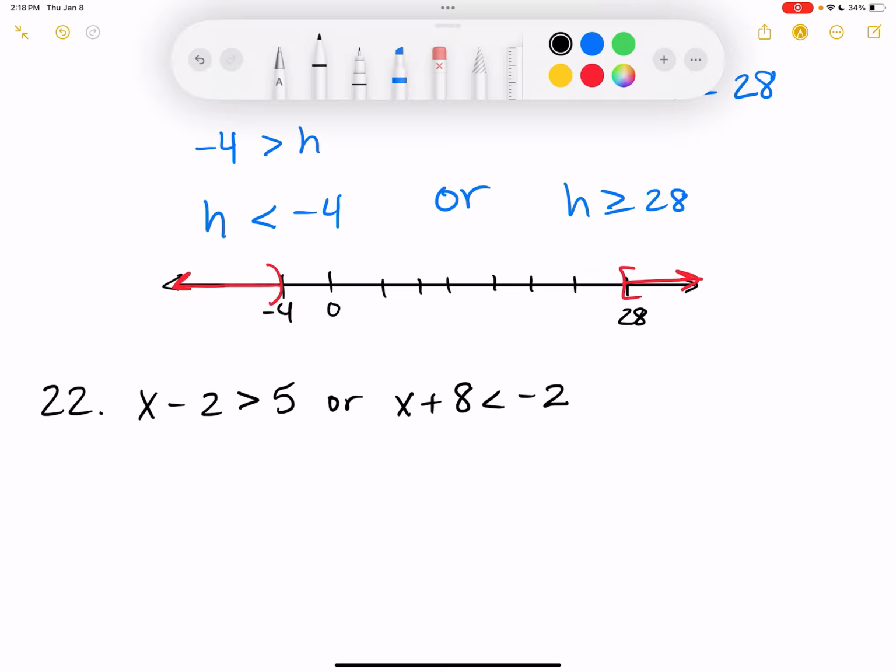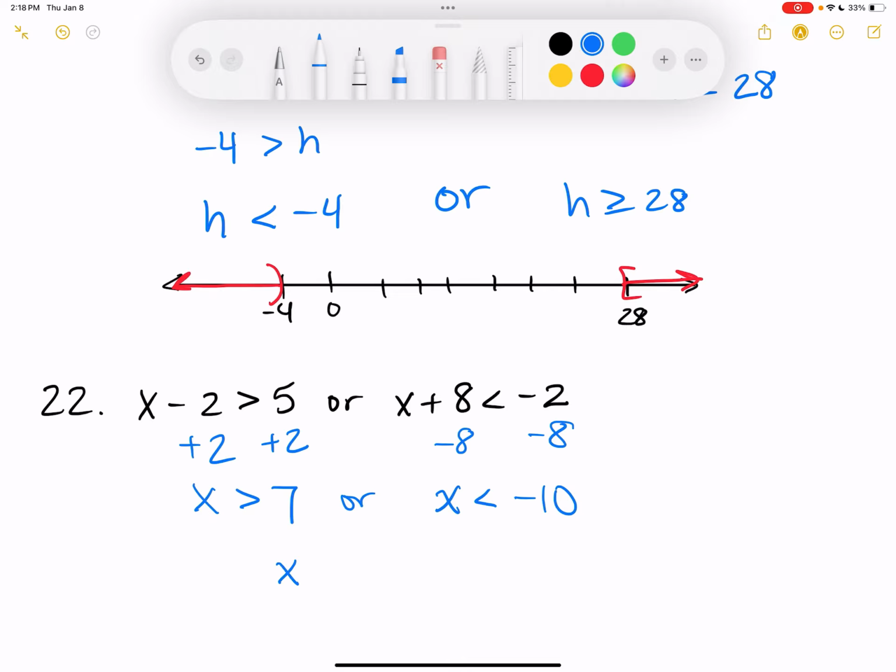Alright, so basically we're gonna add 2 on both sides. And then you're gonna get x is greater than 7. And then you're gonna subtract 8 on both sides. And it's gonna be x is less than negative 10. And then you're gonna do your graph.